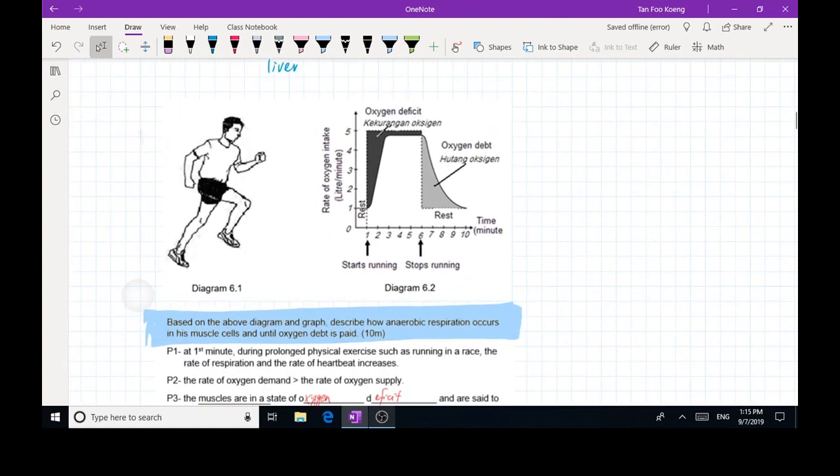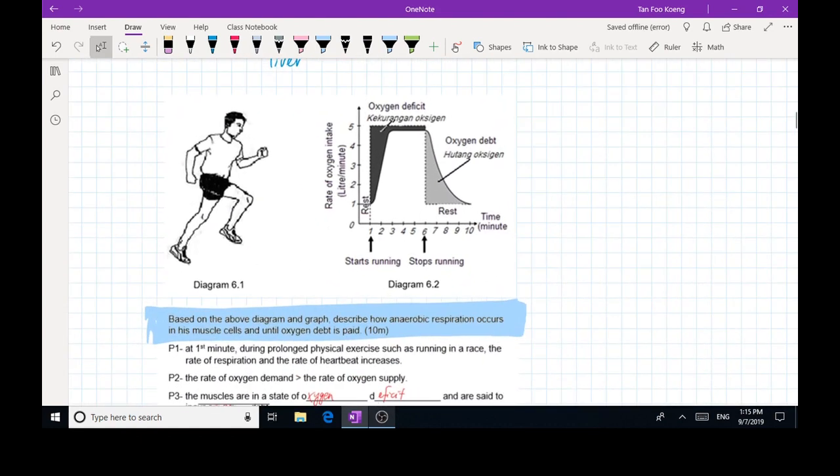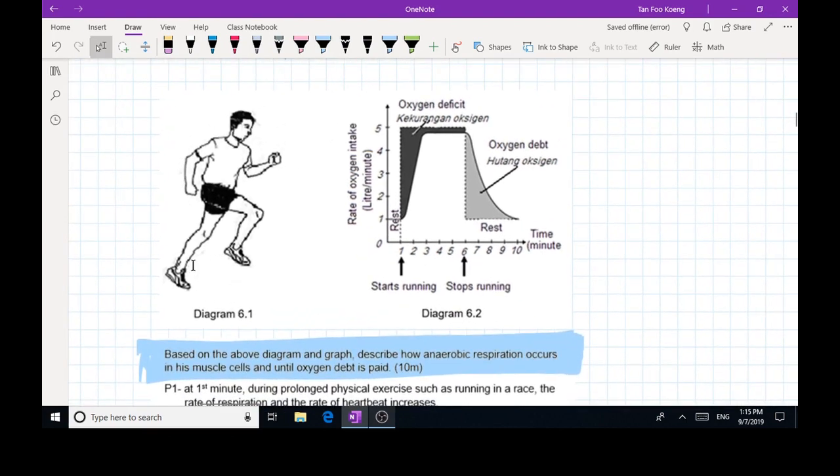Now let's look at this part. In this diagram, we can see a man running, and this is the rate of oxygen intake, in liter per minute. He starts running here. Before he starts running, the oxygen demand and the oxygen supply are at the same rate.